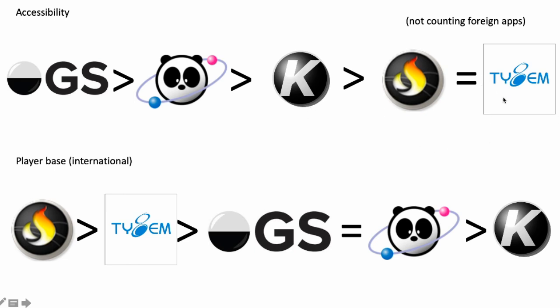And then finally, we have Fox and Tygem, which are about the same in terms of accessibility. Here I'm not counting the foreign apps, because you can actually download a Tencent app or a Tygem app using an iPad or mobile as well. In that case, we might have the same between Fox and Tygem versus KGS.